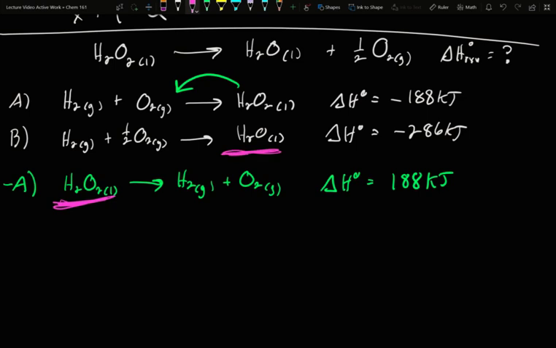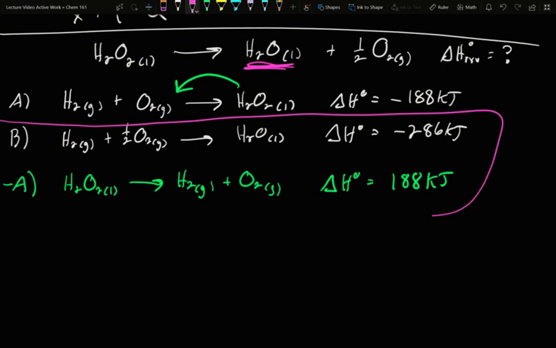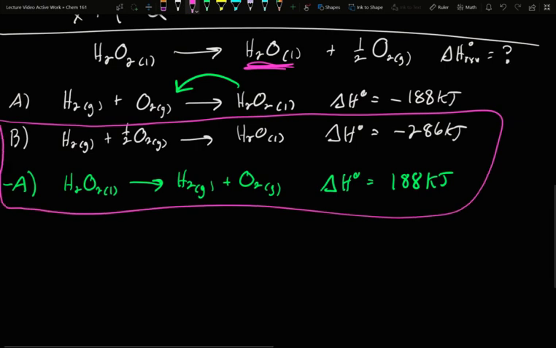Well, we wanted water to be on the right. And the only source of water in any of our equations already has it on the right. And so B looks like it's going to give us the water where we want it. So let's just try and combine them. Instead of the original A and B, which wouldn't combine to what we want, what happens if we have B and reverse A?